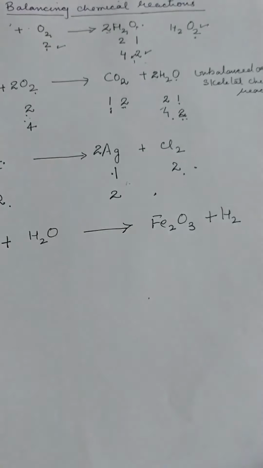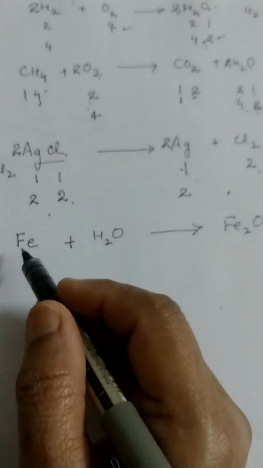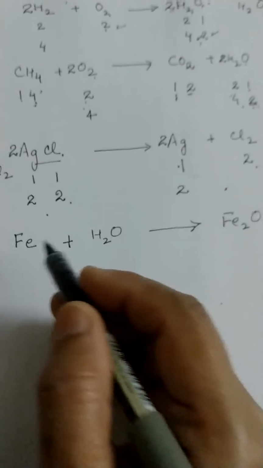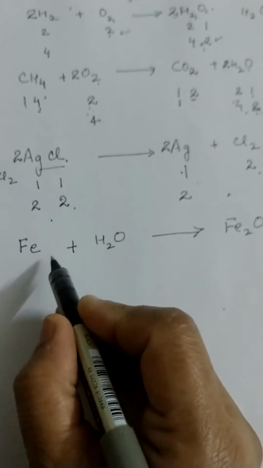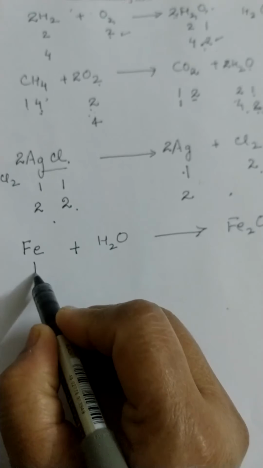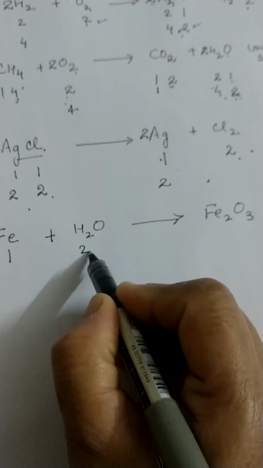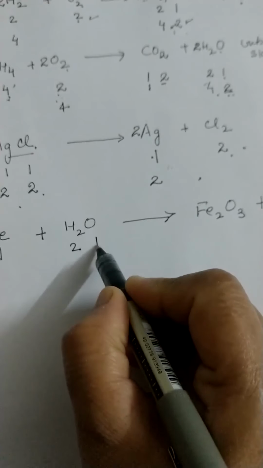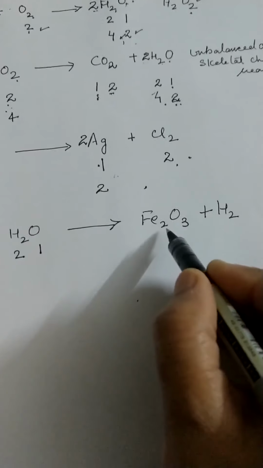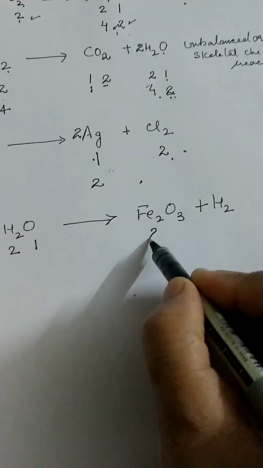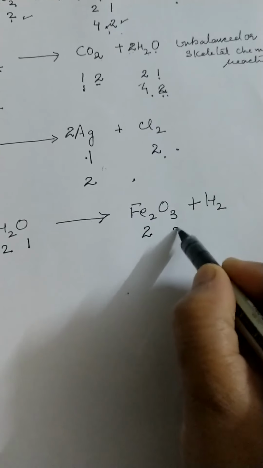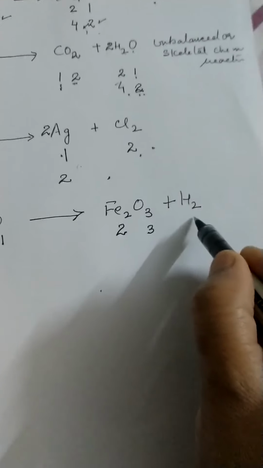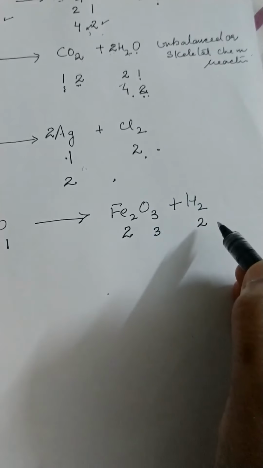Right? Now let us identify the number of atoms taking part in this chemical reaction. Iron, 1 atom. Hydrogen, 2 atoms. Oxygen, 1 atom. This side, iron, 2 atoms. Oxygen, 3 atoms. And hydrogen, 2 atoms.